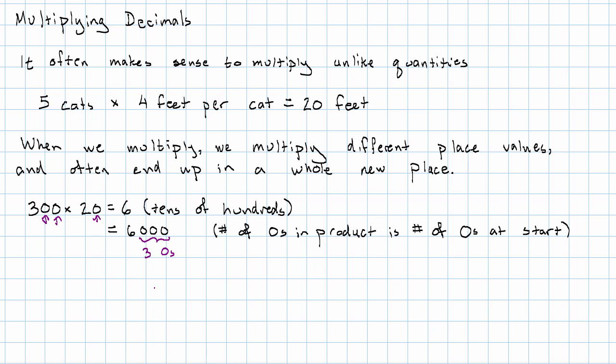The same principle applies to multiplying decimals. If we were to multiply 3 hundredths times 2 tenths, we would still wind up with 6, but now these would be tenths of hundredths.